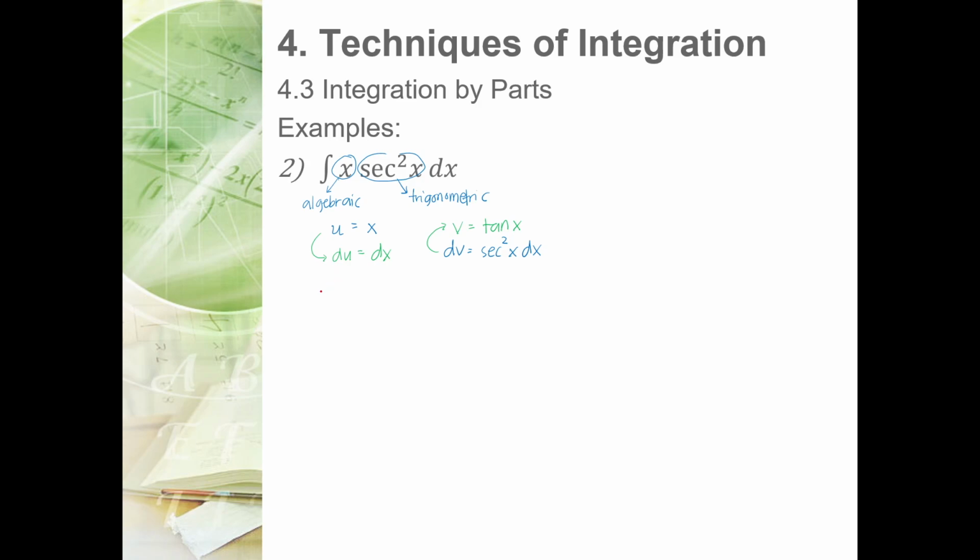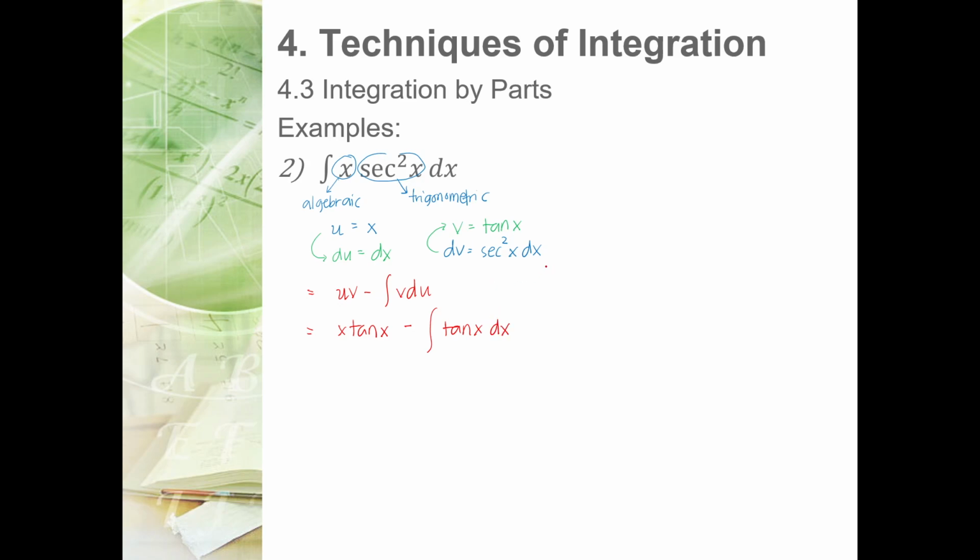Okay, so this gives us the formula now. uv minus the integral of v du. So x tangent x minus the integral of tangent x dx.